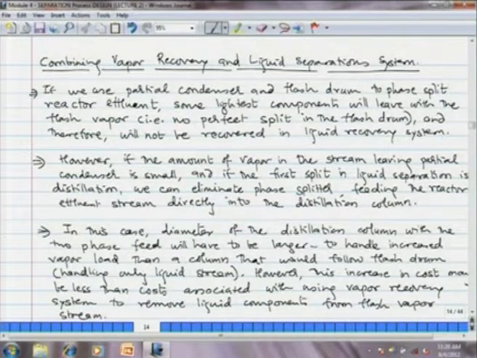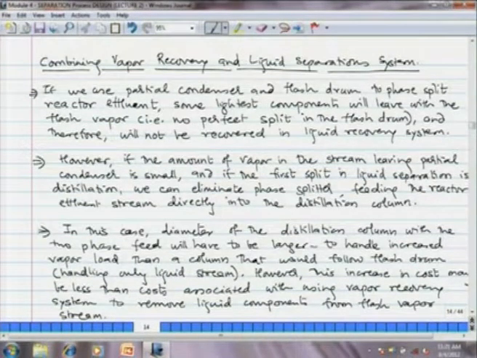However, if the amount of vapor in the stream leaving the partial condenser is small, and if the first split in the liquid separation is distillation, we can eliminate the phase splitter and feed the reactor effluent stream directly into the distillation column. This is possible because the feed to the distillation column need not be completely liquid. It may contain some vapor.